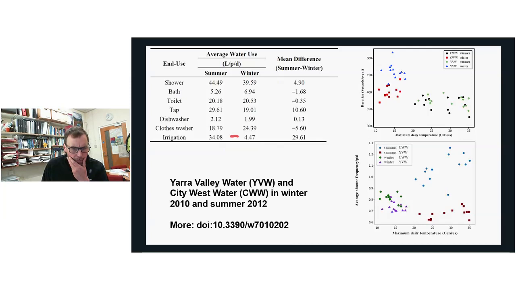Now the two plots on the right are for shower use in these areas. CWW and YVW are different water companies, and there is a link to the paper there, but the difference between the graphs to some extent is due to the fact that these companies are supplying different socioeconomic or different types of development.